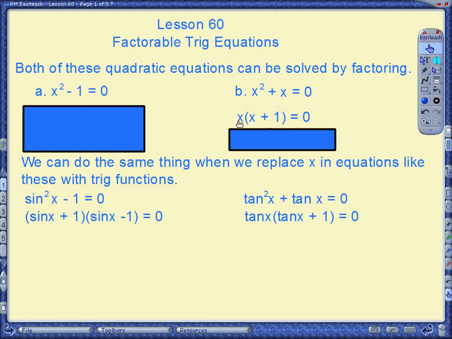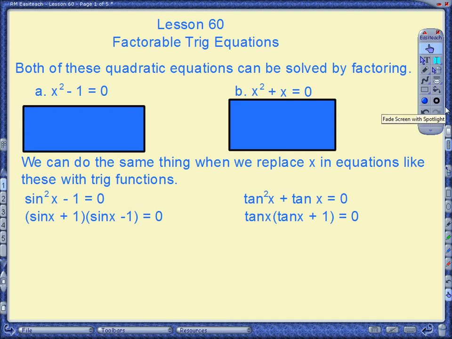We take out x and leave x plus 1. Again, we set both factors equal to 0. x equals 0 or x plus 1 equals 0. If x equals 0, x is 0. And if x plus 1 equals 0, x would have to be equal to -1. Okay?